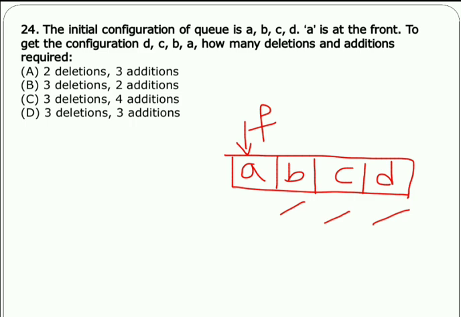So if D has to be the first one in the queue, the 3 elements in front of D have to be removed. That's why there are 3 deletions of A, B, C, and 3 insertions of C, B, and A. So the answer is 3 deletions and 3 additions.